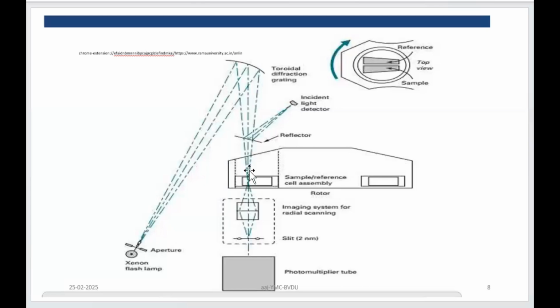The particle which comes here will be exposed to that light, whatever is selected, xenon, mercury lamp, UV lamp, right? Then whatever light is reflected, refracted, or fluorescence is there, that is going to be measured. It will be measured after multiplication, so that light will be entering the photomultiplier tube first, and then it will be passing on to the detector system.